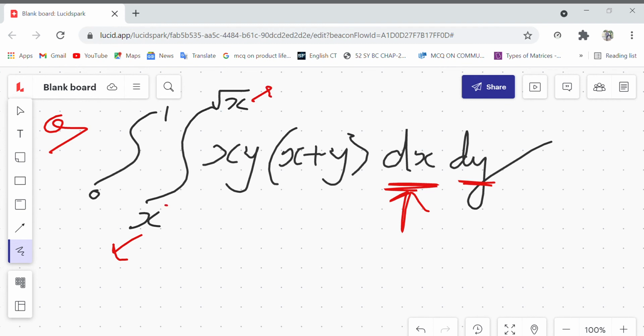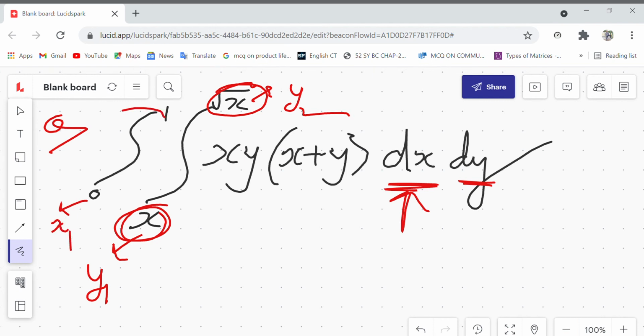As you see x over here and root of x over here, use the corresponding one, y1, y2, then x1 and then x2. Whenever you see x, use the corresponding one, that is y, and here you can use x1, x2. It will be solved in a similar manner.